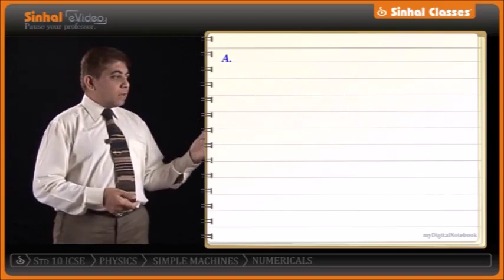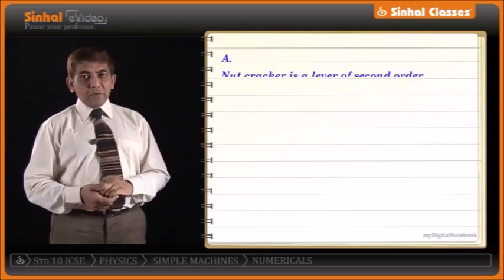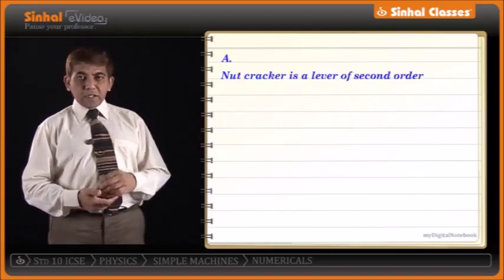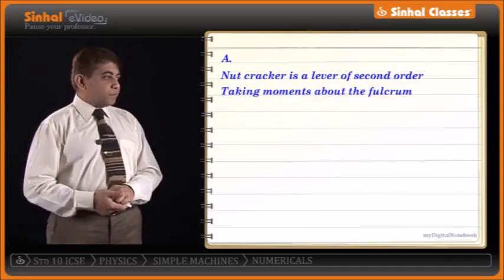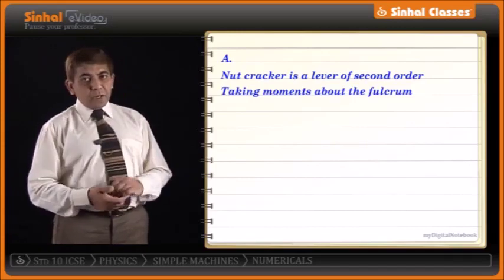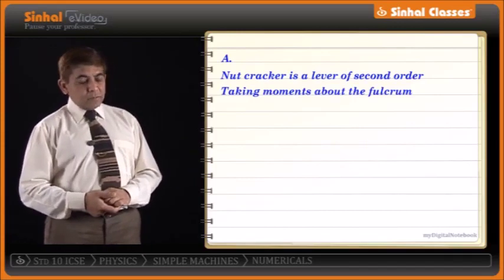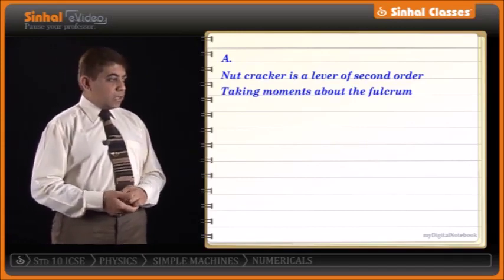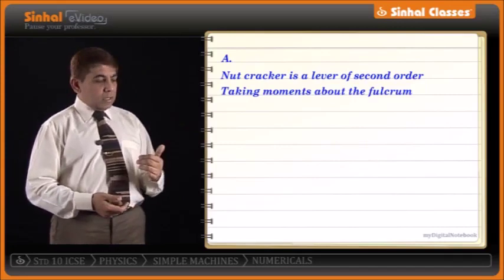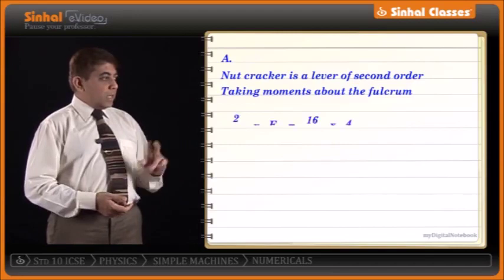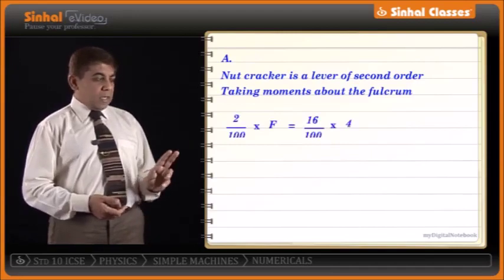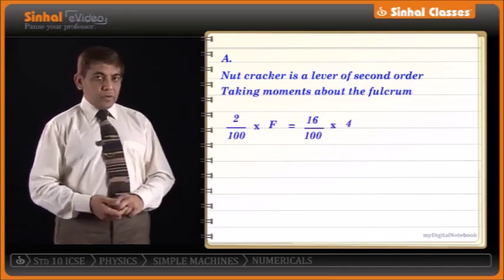So we have a nutcracker, which is nothing but a lever of second order, in which case we have the load between the fulcrum and effort. If I take the moments about the fulcrum, I get 2 upon 100 multiplied by F is equal to 16 upon 100 multiplied by 4.